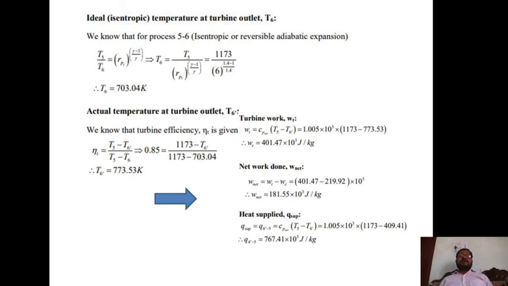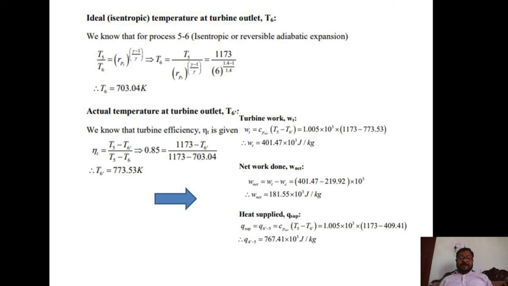Actual temperature at the turbine outlet, T6 dash. For T6 dash, we need the isentropic efficiency of the turbine. Isentropic efficiency is T5 minus T6 dash over T5 minus T6. But here you must be very, very careful while calculating the isentropic efficiency of the compressor and the isentropic efficiency of the turbine. Here in the turbine, actual is taken in the numerator. In the compressor, actual is taken in the denominator.